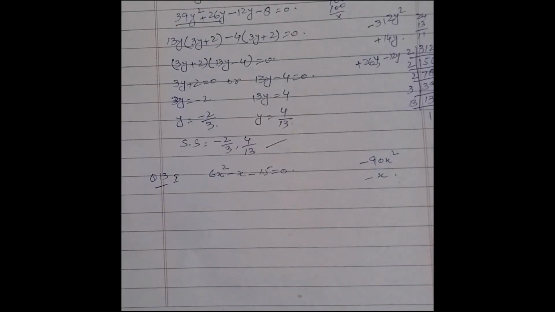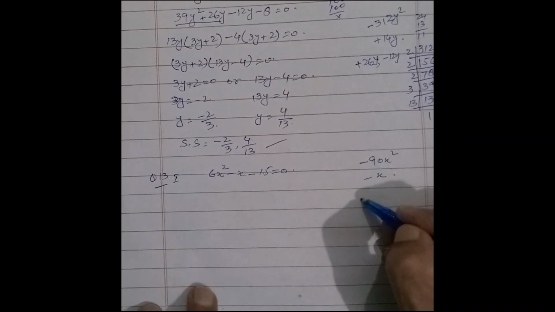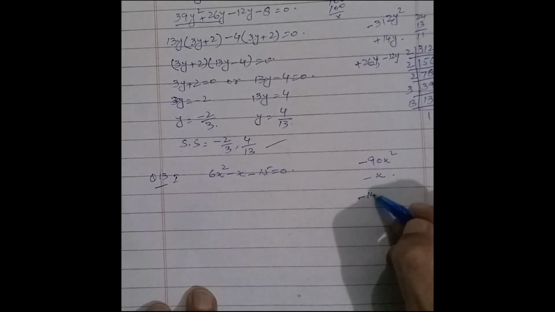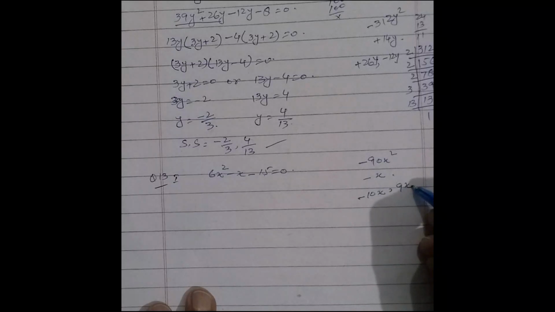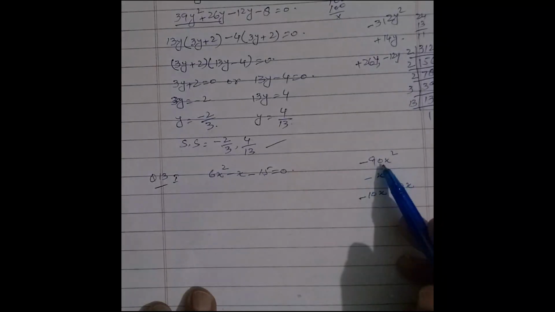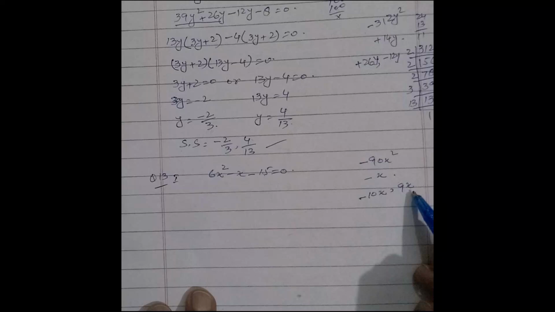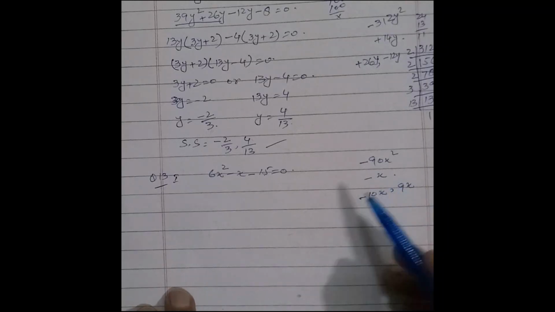So we find two values which, when multiplied, give minus 90, and when added give minus x, or you can say minus 1x. The values are minus 10x and plus 9x. Multiplied, we get minus 90x square, and when we add, minus x.